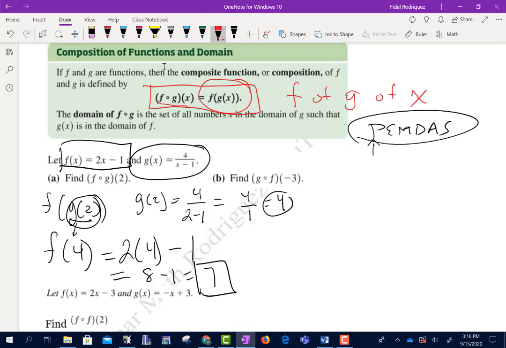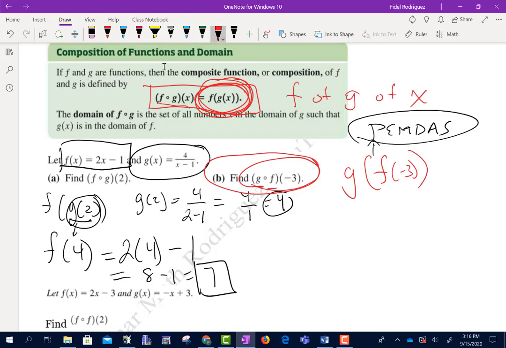All right. I'm going to do the same thing over here. Now I want you to notice the g and the f are reversed. So if the g and the f are reversed here, then the g and the f are going to be reversed over here. So I'm going to write it like this. G of f of negative 3. So first thing I'm going to do, I'm going to find f of negative 3.